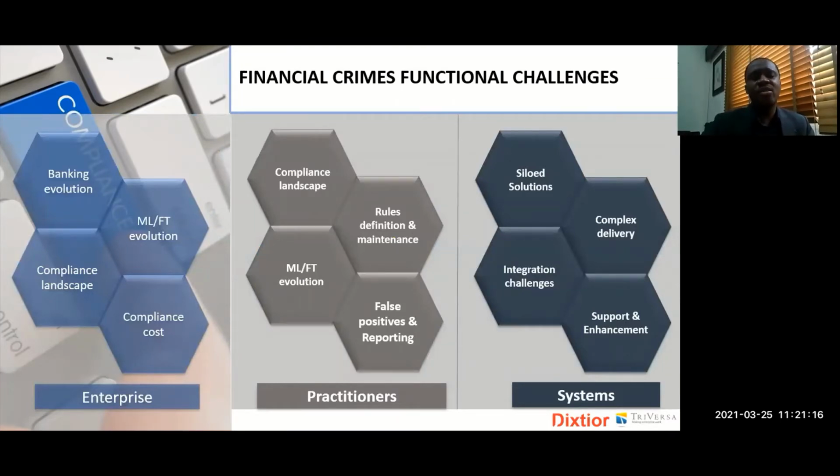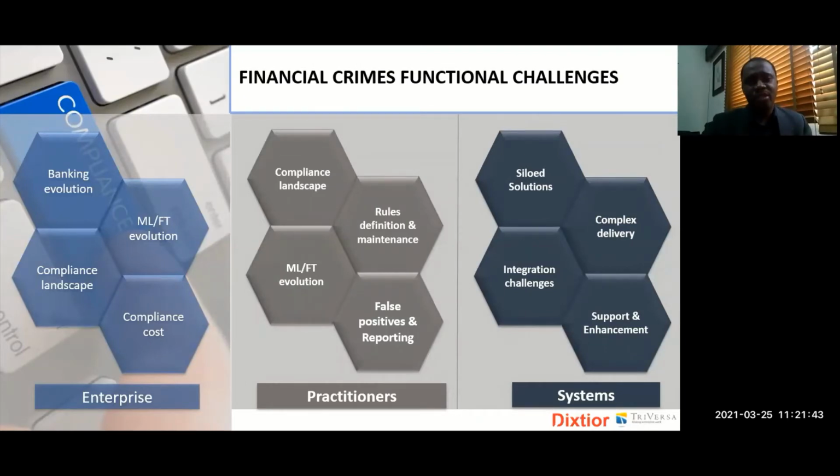So what are the challenges? We know that we can look at the challenges from at least 3 different perspectives. Brew will talk a lot more on this, but we're looking at the evolution of the banking environment or the financial institution environment as a whole, not just banks, because we also have the non-bank financial institutions. You're looking at the compliance landscape because the regulations keep changing almost every year, if not every month.